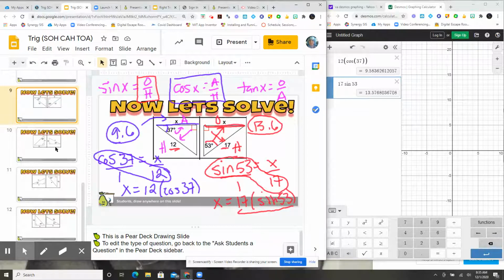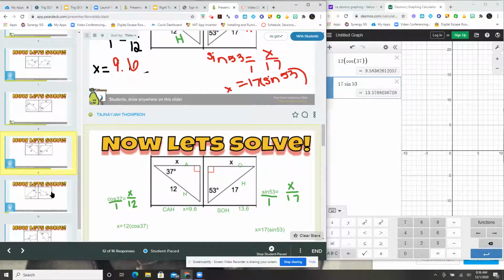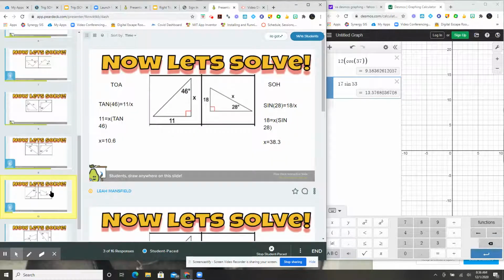We've got 3 more slides, 10, 11, and 12, and we've got 15 more minutes. So what I'd like to do is have you work on 10, 11, and 12 in the Pear Deck, and just give a shout out if you get stuck on one.